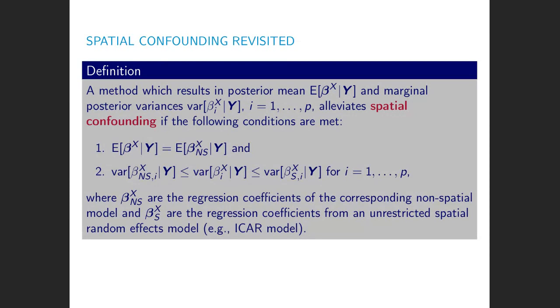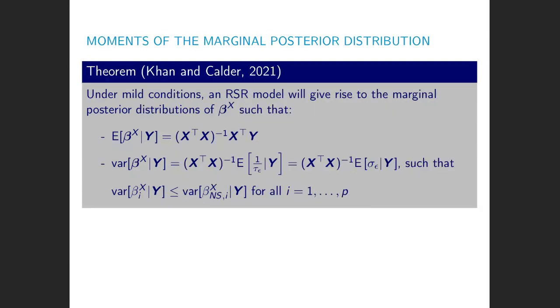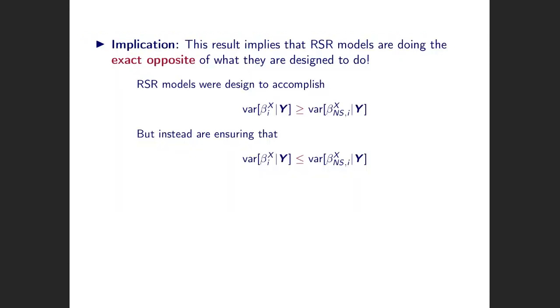So we expected the non-spatial model to have the smallest variance. But what we showed is that the opposite is true for the restricted spatial regression models defined previously. What this implies is that RSR models in the literature are doing the exact opposite of what they were supposed to be doing.